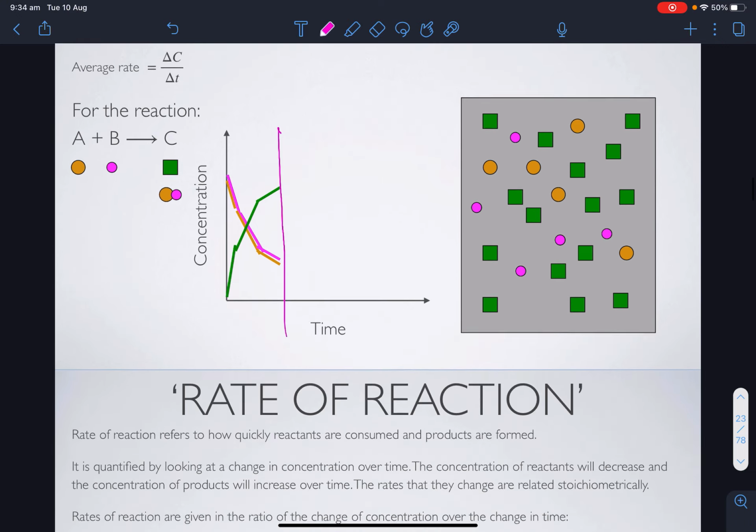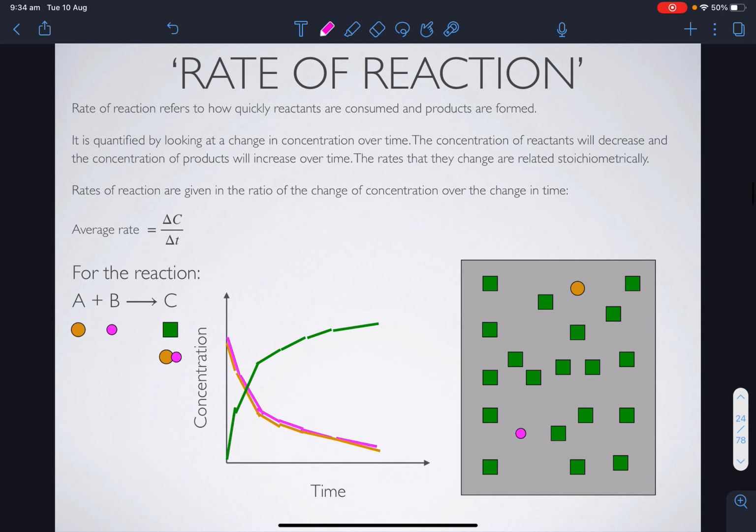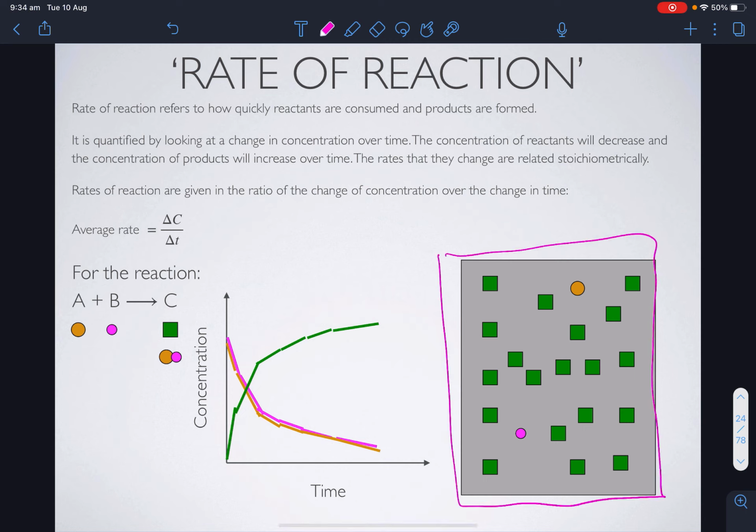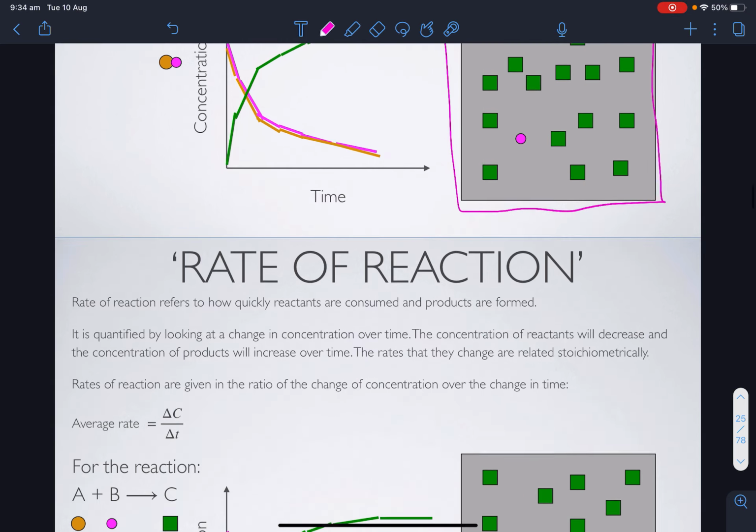Okay, let's go another few steps as well, and look, the reaction is nearly all the way there. It's slowing down because pink and orange are finding it harder to find each other and have a successful collision. So the reaction is slowing down, slowing down. It's still going. It hasn't completely ceased. There's still in my model there, one pink and one orange.